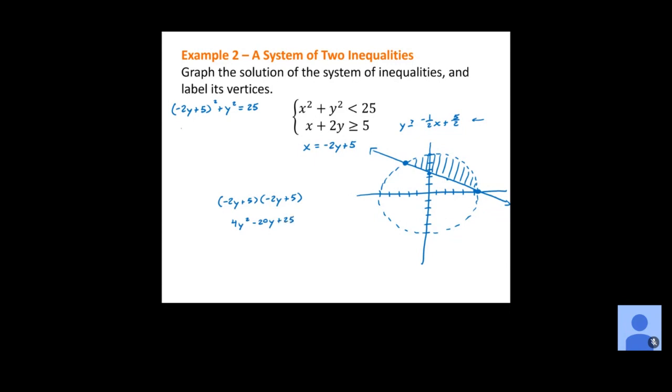Okay, now we know this is 4y squared minus 20y plus 25 plus y squared equals 25. Now, combining like terms here, what are we going to get?